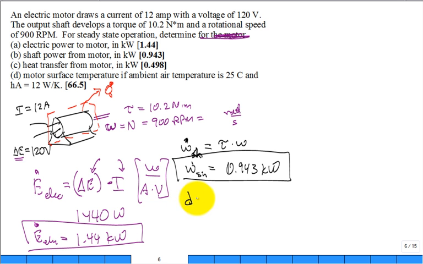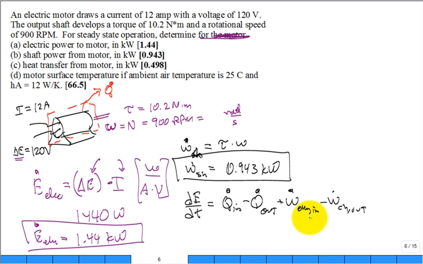So if I wrote the rate of change of energy inside this system with respect to time, it is equal to the rate at which heat is being transferred in minus the rate heat is being transferred out plus the W dot electric in minus the W dot shaft out. See what I'm doing? This is my electric power in. I'm subtracting a positive shaft work out.